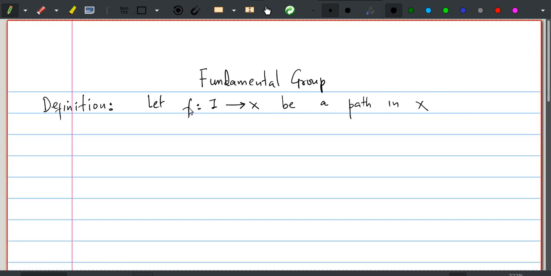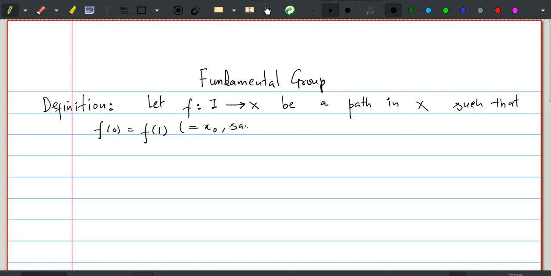So this path is in X such that the endpoints are identified, that is, f(0) is the same as f(1), and let us give them a common name, say x naught. Then such a path is called a loop.